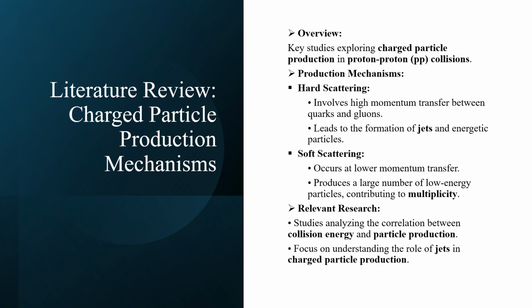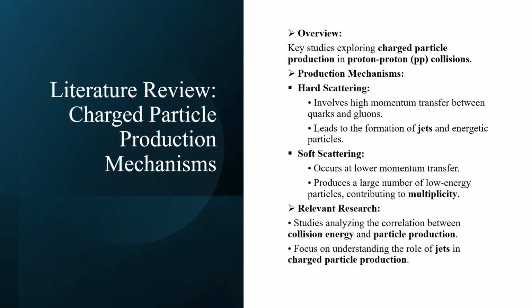Relevant to our research, we have to study and analyze the correlation between collision energy and particle production. We can apply different energies, like 7 tera electron volt, 5.02 and 0.9 tera electron volt, and the maximum energy you can provide is 13 tera electron volt.